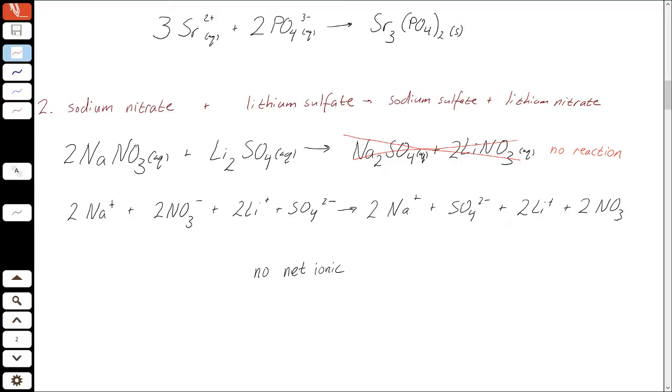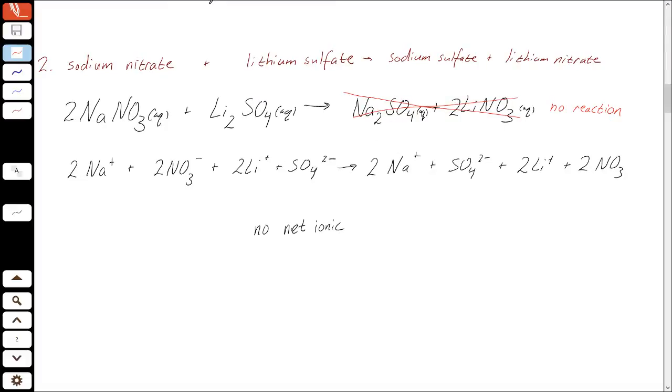So often, when I give you a set of reactants and ask you to predict the products, sometimes you'll find that there's no reaction. So the correct answer then is there's no reaction here. And you'll see that in lab tomorrow also. All right, questions about that?